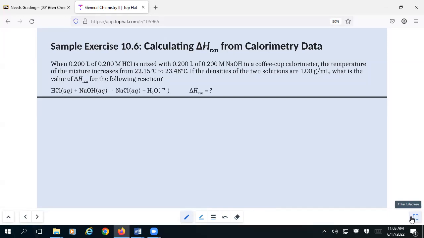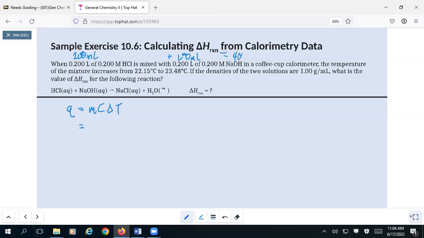So there are a couple of things that are going on here. We got to make sure that we put our brains around all of them. So first of all, we know that Q is equal to M times C times delta T. Now our mass here is going to be the 200 milliliters of the acid plus the 200 milliliters of the base.